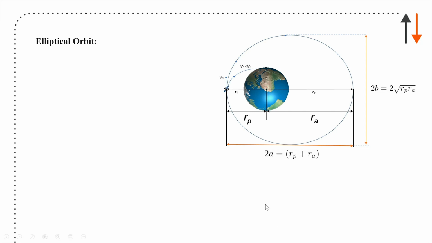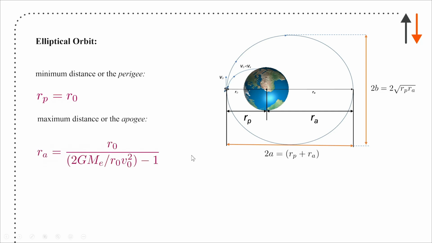But how can I calculate RP and RA? The minimum distance, or the perigee, will be equal to R0, and the maximum distance, or apogee, can be calculated using this equation.